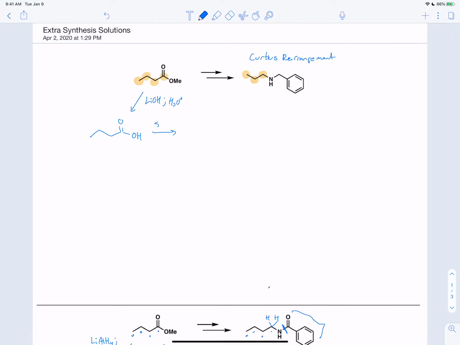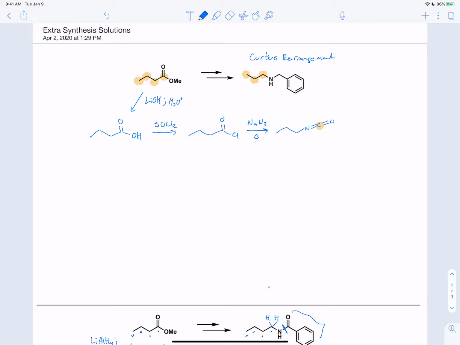Reaction of the carboxylic acid with thionyl chloride, SOCl2, converts it to the acid chloride. And then sodium azide and heat will let us do that key nitrogen migration that now moves our carbon here.